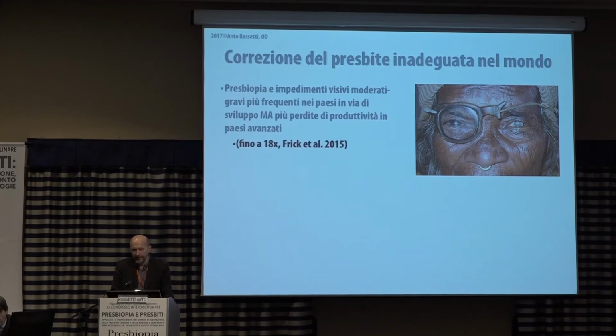This is connected to inadequate presbyopia correction in the world. Presbyopia and moderate to severe visual impairment in third world countries may cause productivity losses. Productivity losses are greater in developed countries, though.